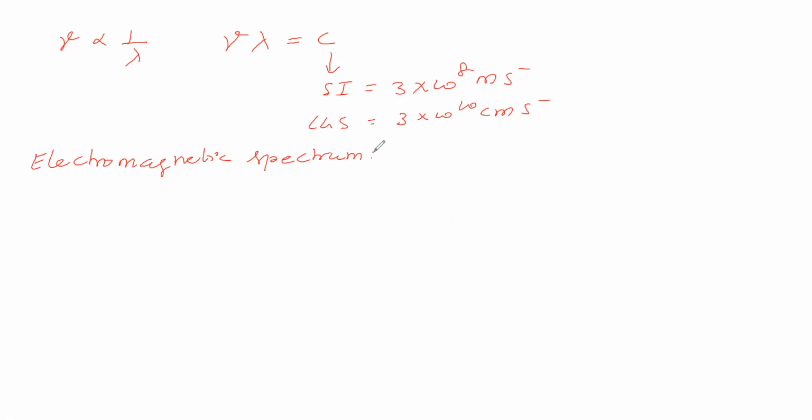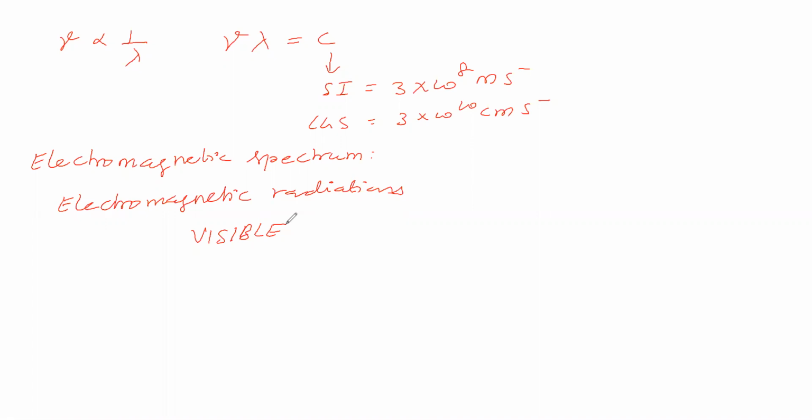Electromagnetic radiations. Examples for electromagnetic radiations are visible light, ultraviolet, etc. Each electromagnetic radiation has wave characteristics.